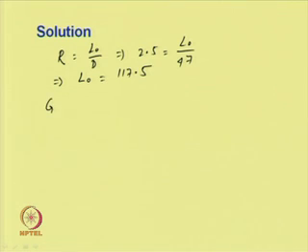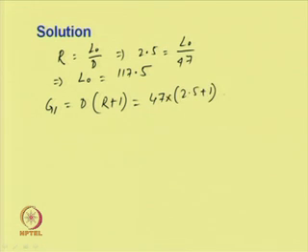So, the value of vapor flow G 1 is D into R plus 1, which is equal to 47 into 2.5 plus 1, and this will give 164.5. So, G would be G 1, which is 164.5.